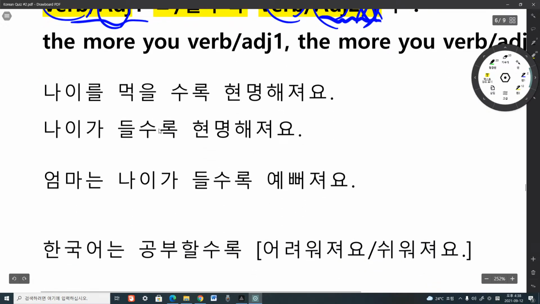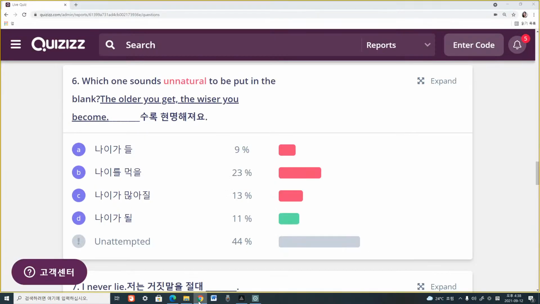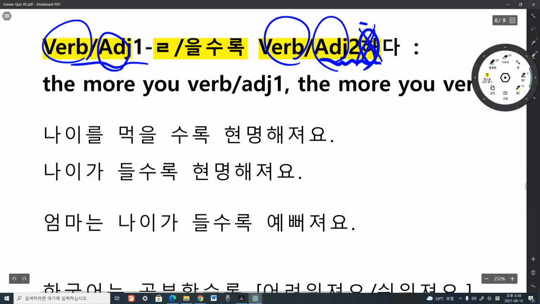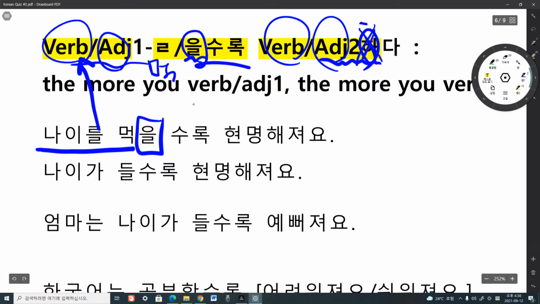In this sentence, the verb 나이를 먹다 is used, which we learned means to age. 나이를 먹을수록, the older you get, so the more age you eat, 현명해져요.